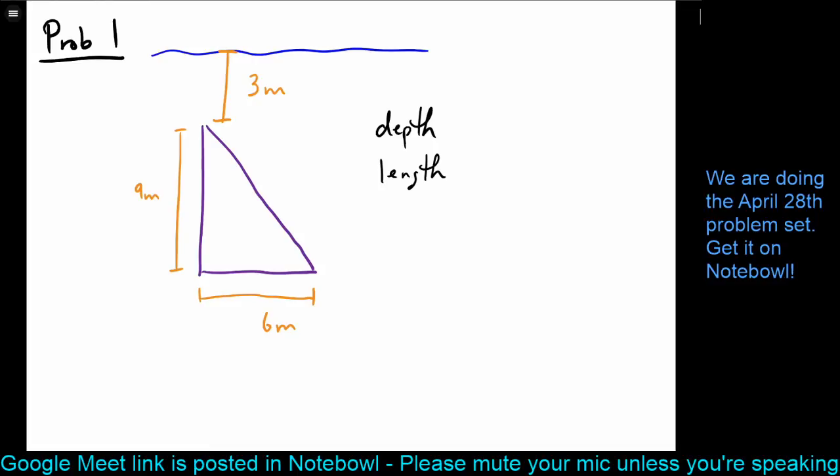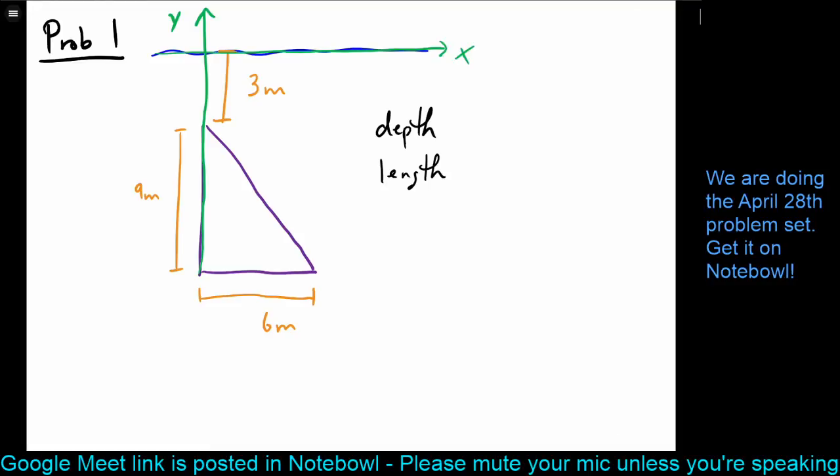So the way we're going to do that is we're going to put the y-axis right along this edge of the triangle here. Since this shape doesn't have any symmetries that we can exploit, we don't want to put it right down the middle this time, like we did in the lecture videos. We want to put it right along the edge here, and then we're going to put the x-axis right here.